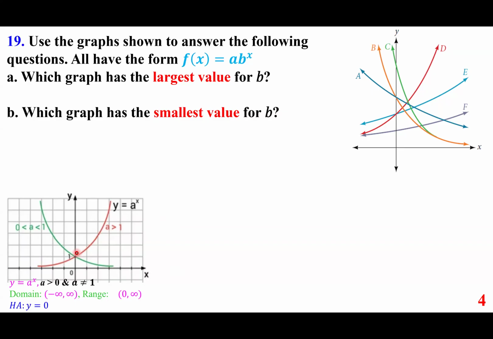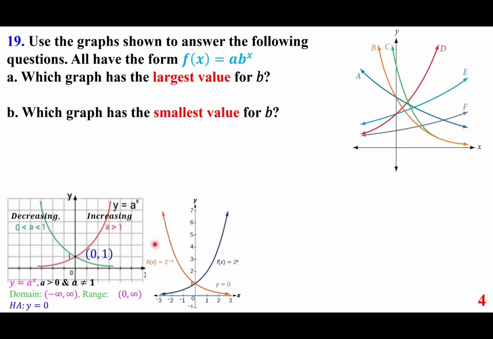And clearly this point is located at 0, 1. That is the y-intercept of the function. As I mentioned, this function is an increasing function, exponential growth. This function is a decreasing function, exponential decay.